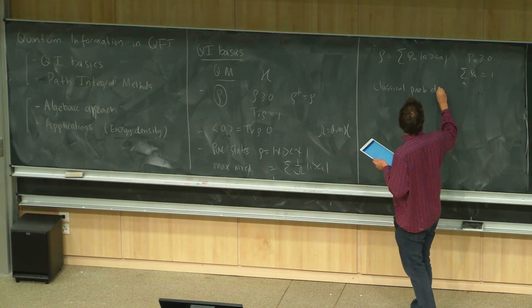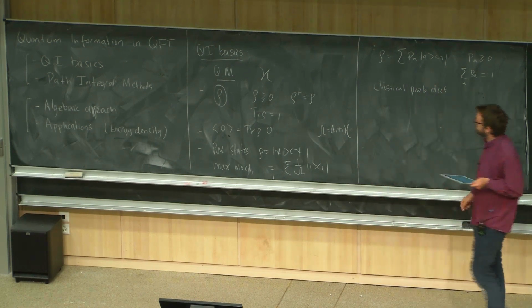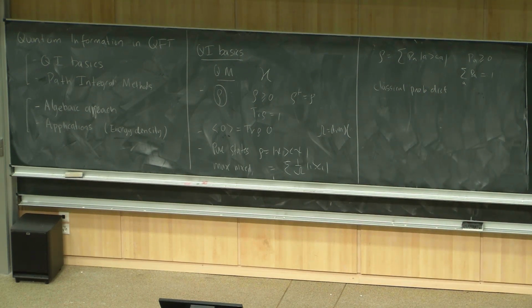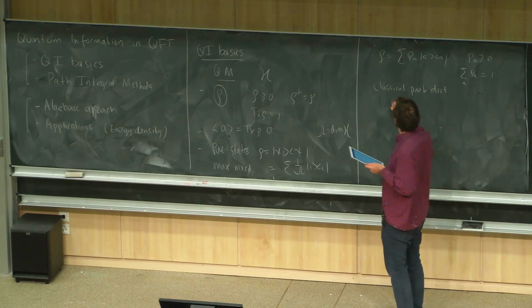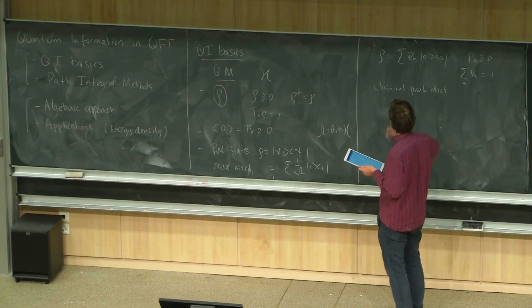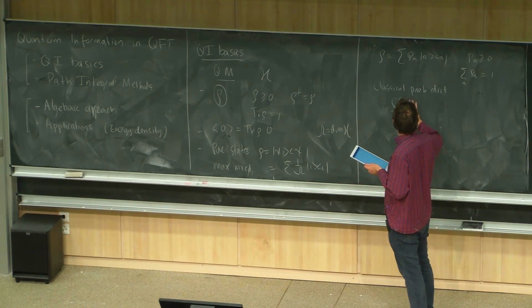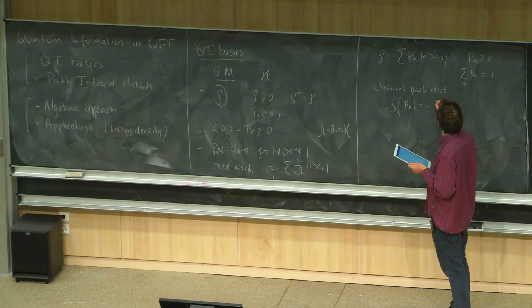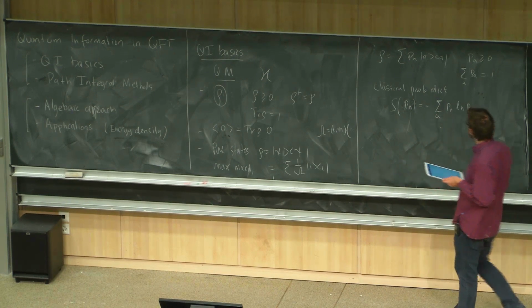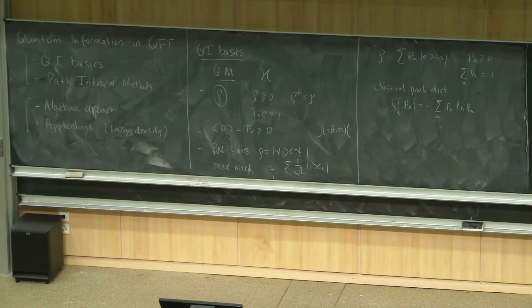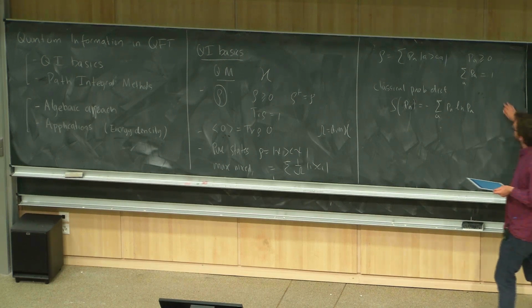Given that, it's natural to think about the information content of that probability distribution, and the natural thing to do is to talk about the Shannon entropy. So the Shannon entropy of these p_a is just minus sum p_a log p_a. And this tells us something about the uncertainty in the state.